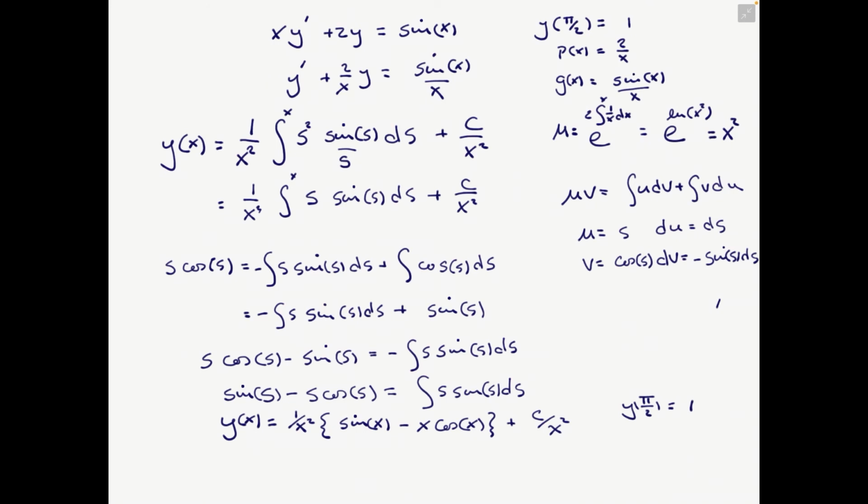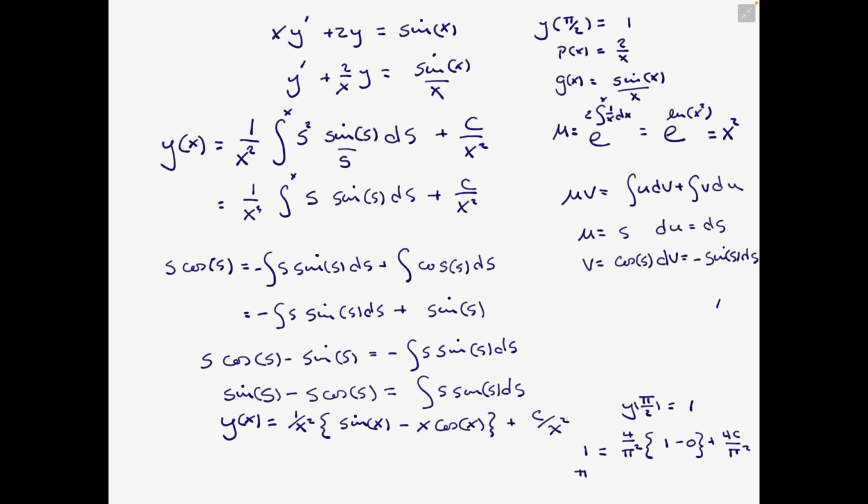So we have 1 equals 1 on, okay, that's 4 on pi squared times, this is 1 minus 0, plus 4c on pi squared, and we can pull that out.